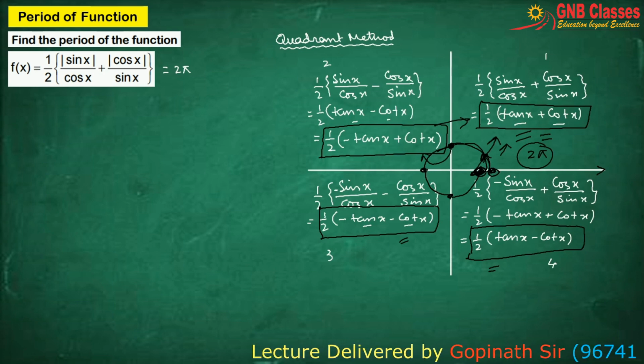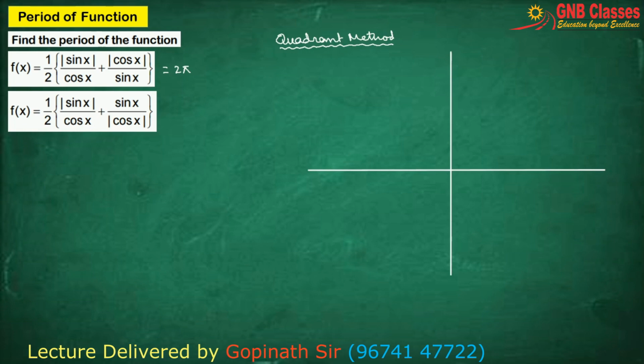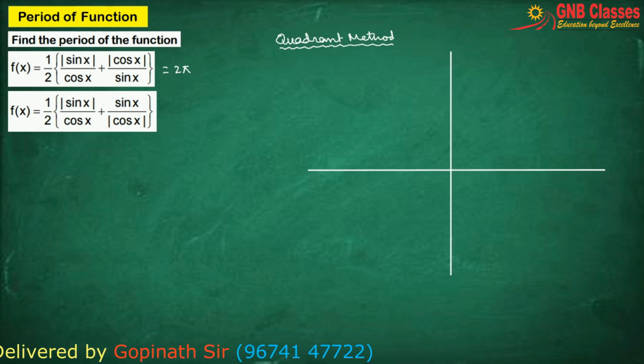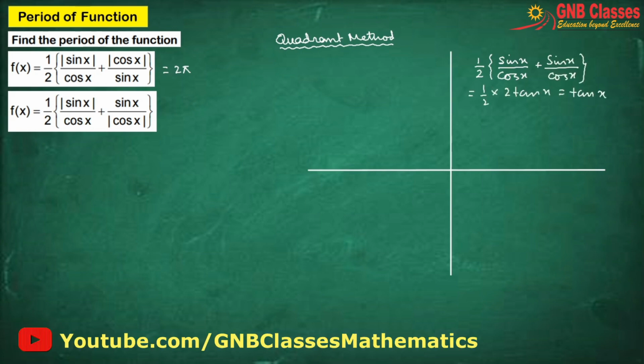Okay, let me take another example. See this one. So for this function, the first step is that I have to remove the mod sign in the respective quadrants. So in the first quadrant, sine and cos are both positive, so we get tan x.